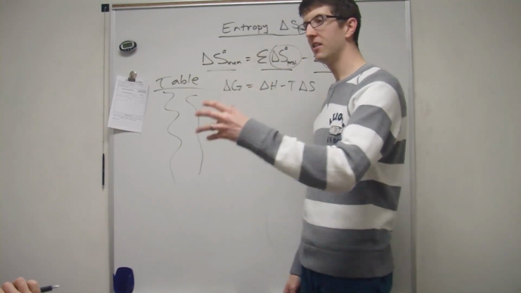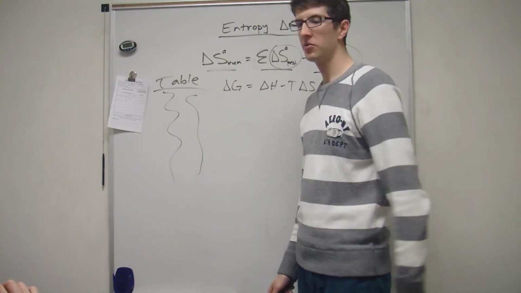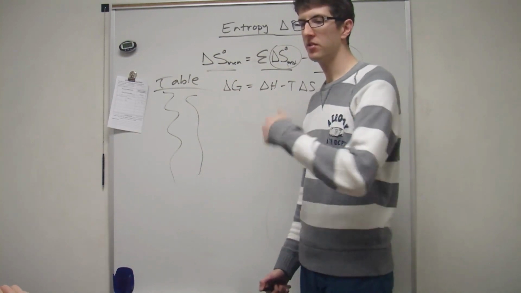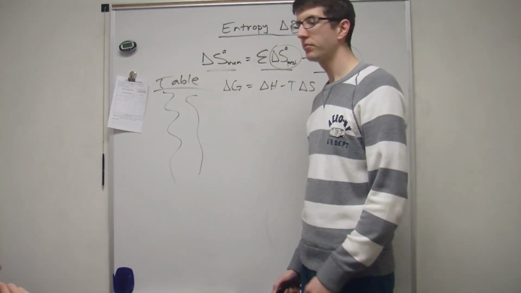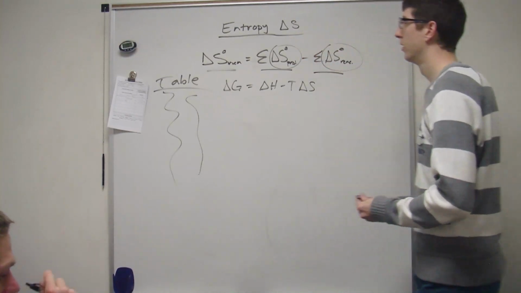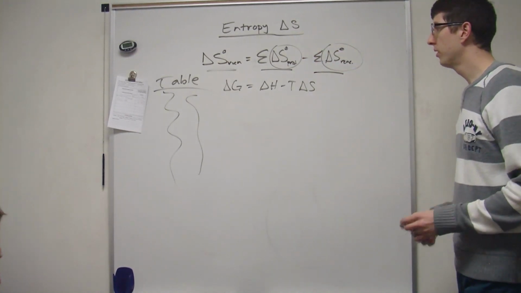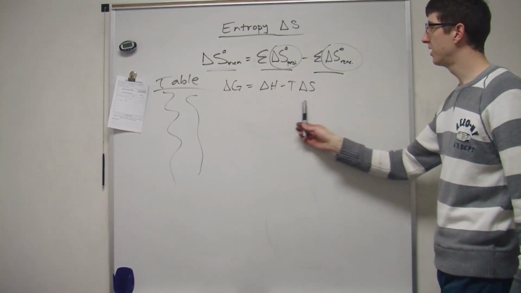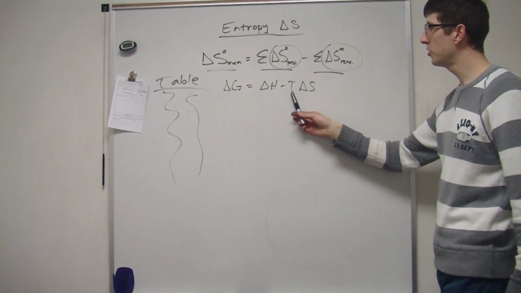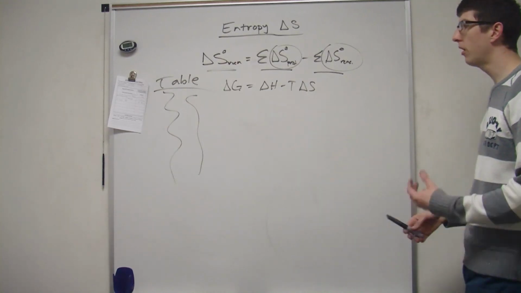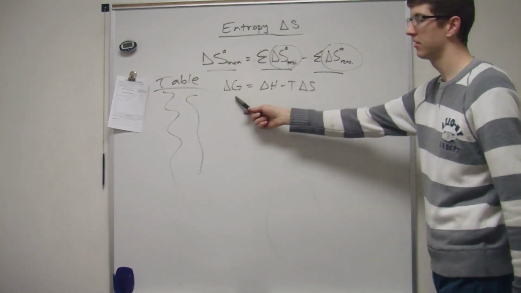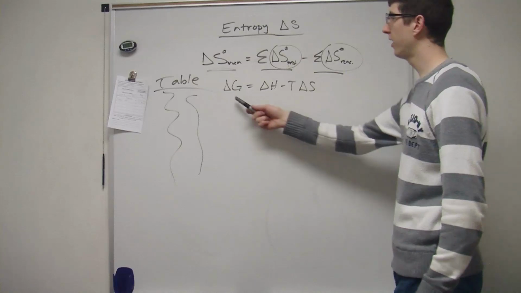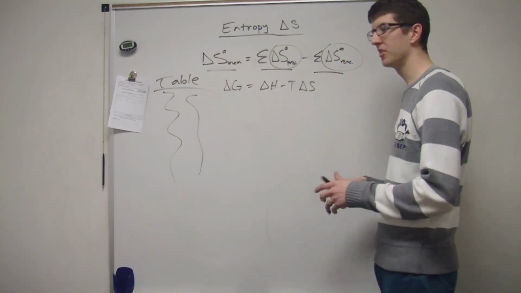So that is a spontaneous reaction, and photosynthesis is non-spontaneous. Delta G incorporates entropy, temperature, and delta H. Those all are contributors to this. That can help you understand how delta G works.